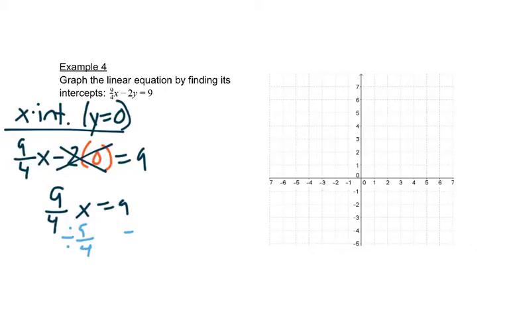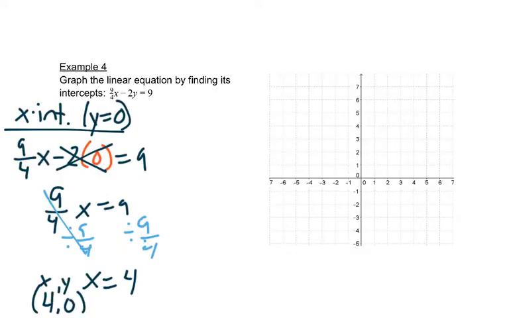We're going to divide both sides by 9/4, and that leaves us with x equals 4. Now again, we'll write a point, x comma y, so we have 4 comma 0. So 4, 0 would be a point on the x-axis at 4.